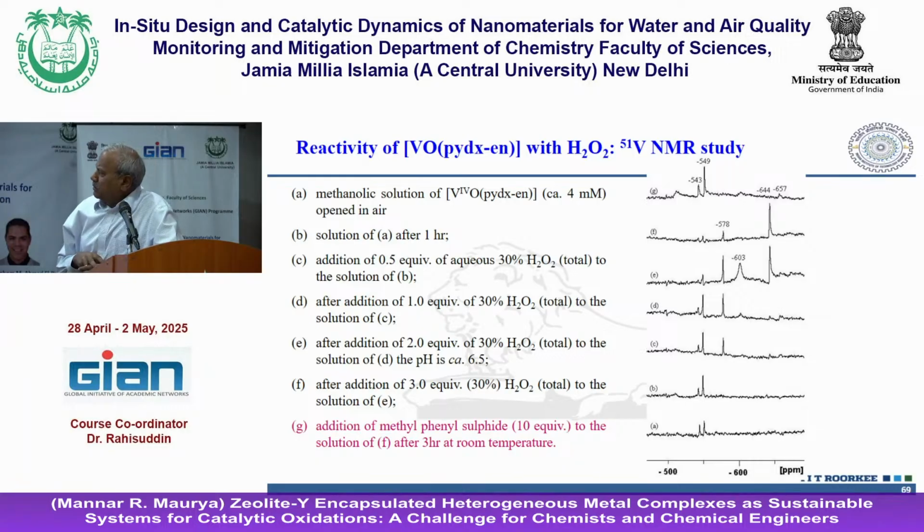After 30 equivalents, one peak is the last one equivalent, that is methyl phenyl sulfide. Okay, so immediately that peak due to peroxo has gone. That gives a clear indication that the peroxo is transferring oxygen to this one.